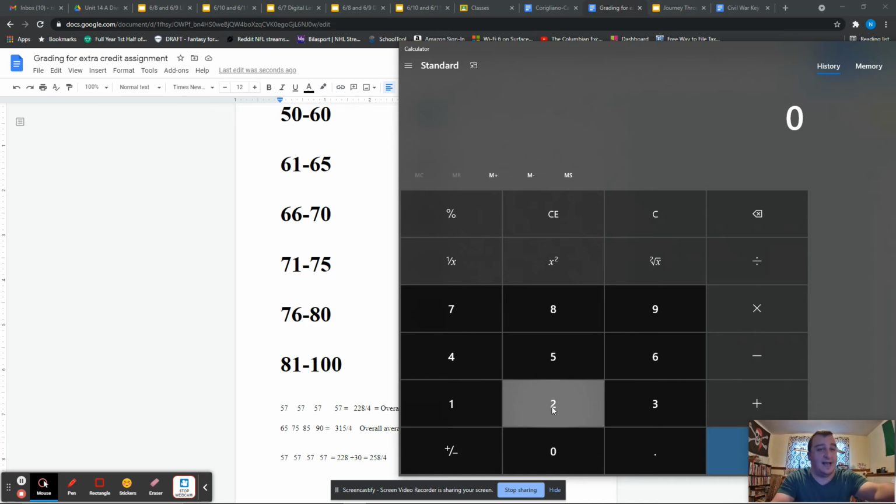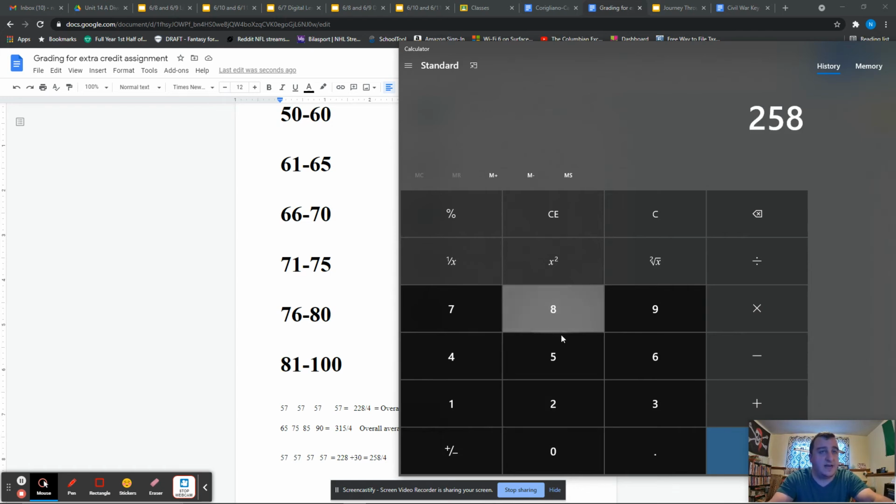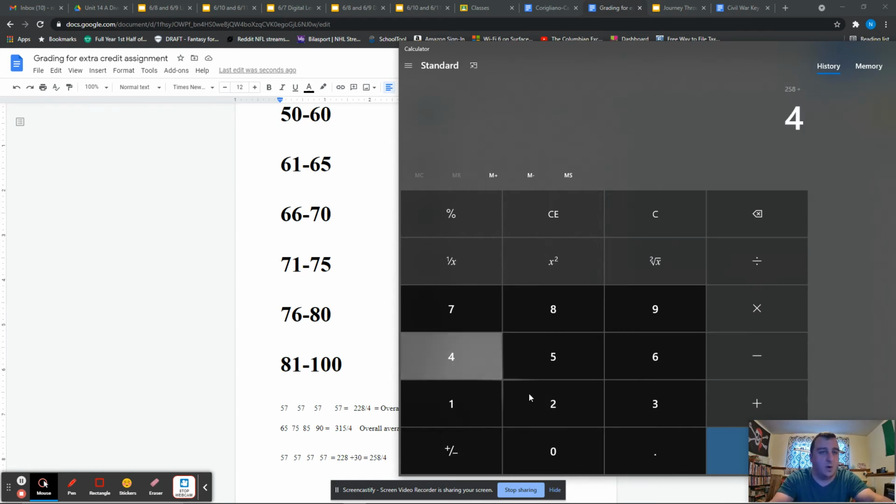we already know that 4 57s for the 4 quarters adds up to 228 points, as we can see right here. And then when you add the 30 points additional that you're getting for this optional assignment, we know that is 258 total points that you have. Okay? So if we take 258 total points and we divide it by 4, that means you are now at a 64.5, which we will round up to a 65. 65 is passing.